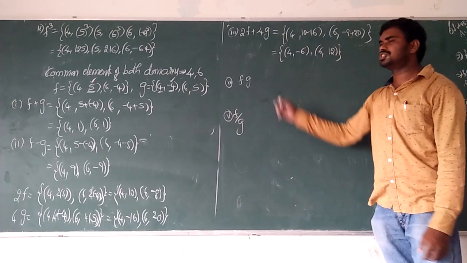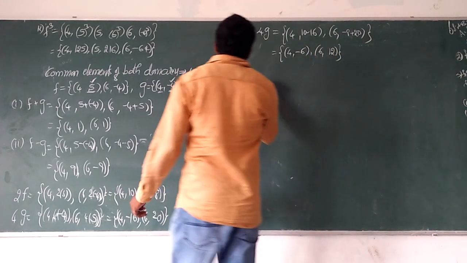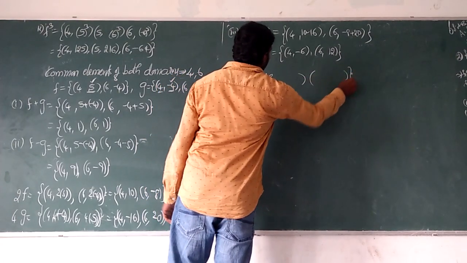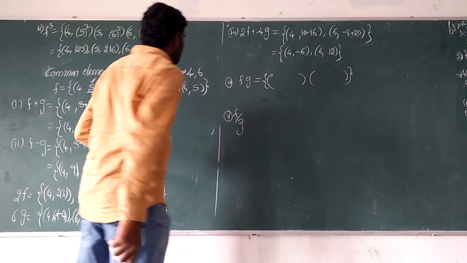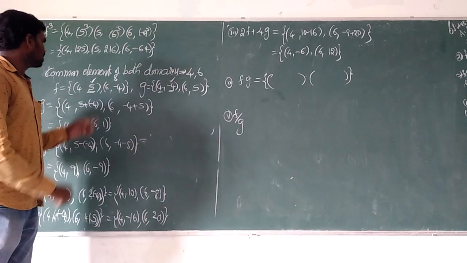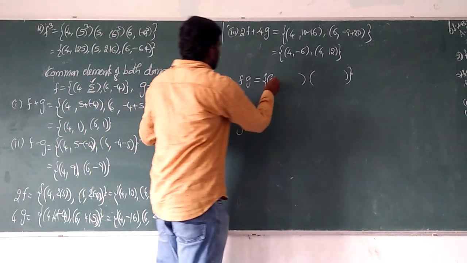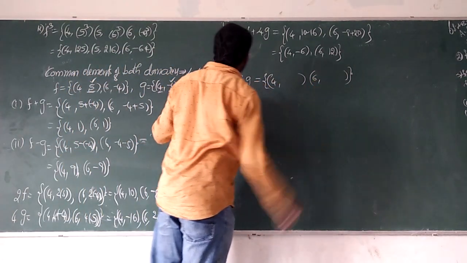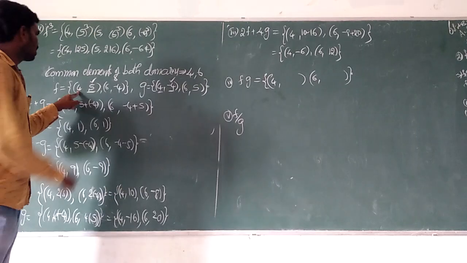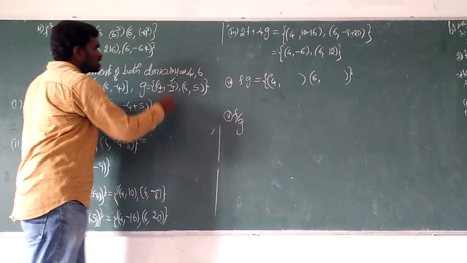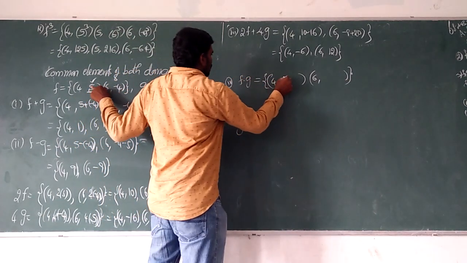And f into g means the same. What are the common elements in f and g? 4 and 6. So 4 comma 6 comma. For 4, here 5 and here minus 4. So 5 into minus 4, because into is there.